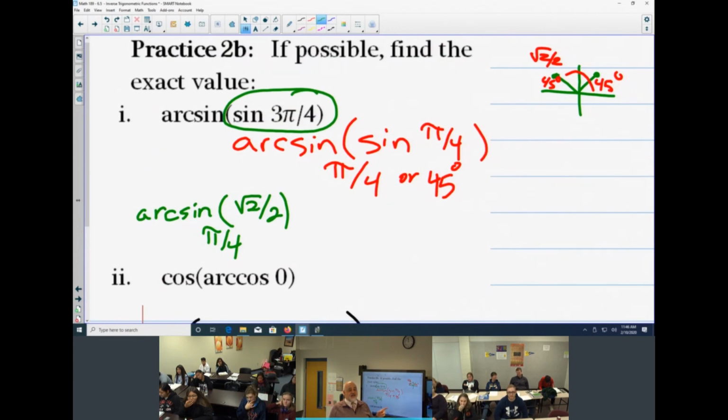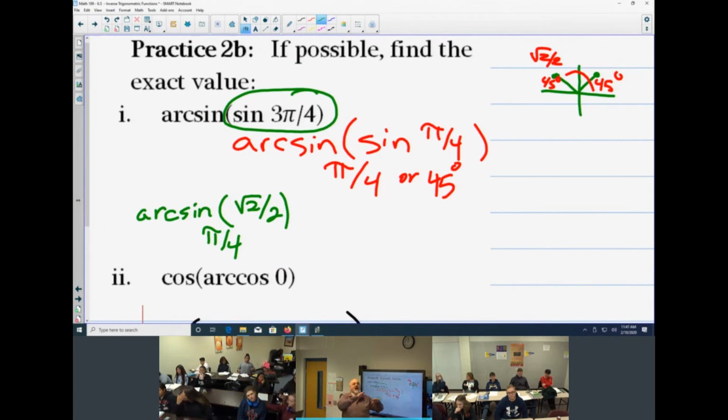Okay. And so, I just didn't have this to look at. Hold on. Okay, wait. Let's back up. If you've got the unit circle in front of you, that's one thing. But if the question was, find the sine of 3 pi fourths, okay?